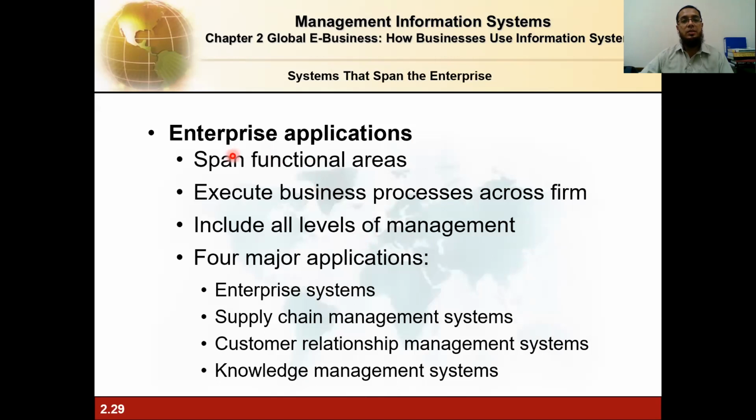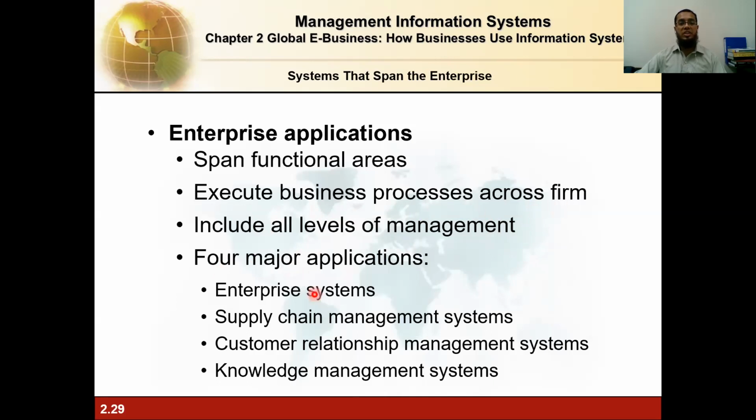Enterprise applications, the ERP systems. Usually those who have worked in Pakistan Tobacco Company or other middle-level companies like US Apparel, or our students working in different textile industries like Interloop, are dealing with ERP systems. Enterprise applications span functional areas, execute business processes across the firm, and include all levels of management: lower-level operational management, middle management, and top management.